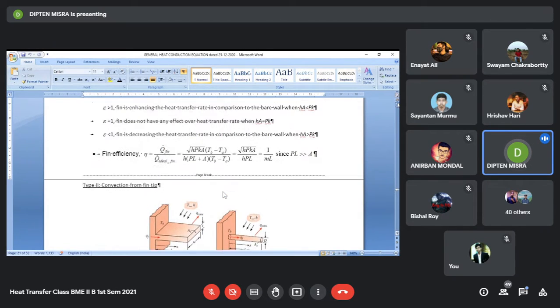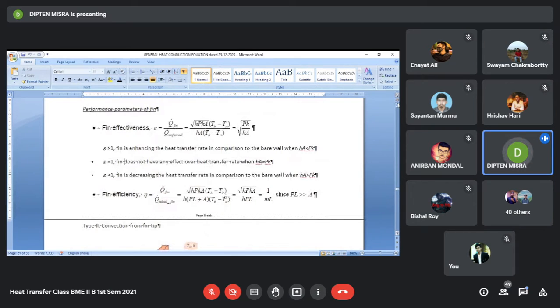derive is, once we ensure that the effectiveness is greater than 1 for a particular fin, then the question is, okay, the fin is effective when effectiveness is greater than 1, but whatever fin we design, could we design a much better fin, or how best the fin can be?